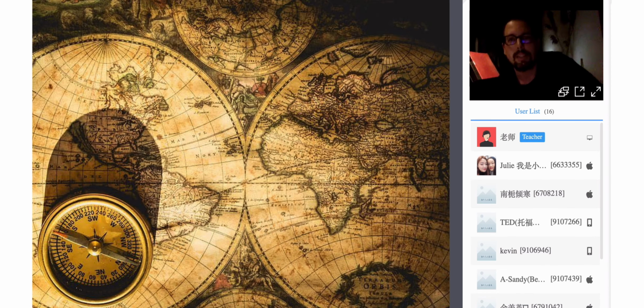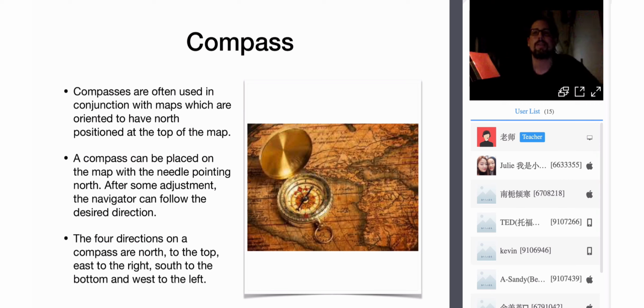This is the compass. So, mapping our planet. Compasses are often used in conjunction with maps, which are oriented to have the north positioned at the top of the map.